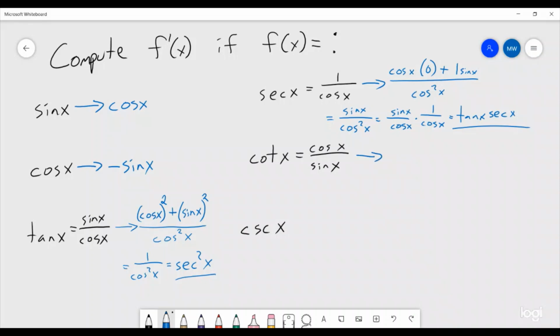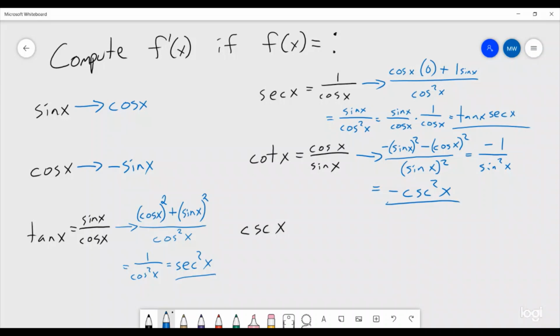So we got low d high, so that's sine x times the derivative of the top, that's a negative sine x, so we have a negative sine x squared, minus high d low, the derivative of the bottom is another cosine, so that's a minus cosine x squared, all over the bottom squared, so that's a sine x squared. Well, the top just becomes a negative 1, so we have negative 1 over sine squared x, and 1 over sine is cosecant, so this is negative cosecant squared x. That is going to be the derivative of cotangent.